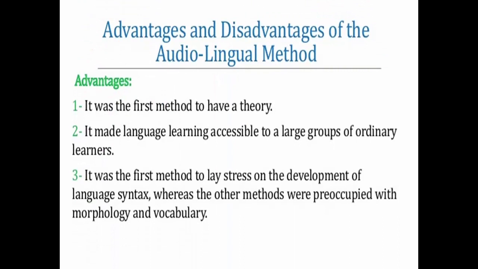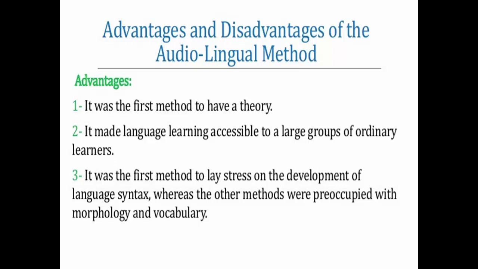The advantages. It was the first method to have theory, and this is actually a plus because all the previous methods lacked theory. Whereas the audio-lingual method has actually two main theories: structuralism on the one hand and behaviorism on the other.